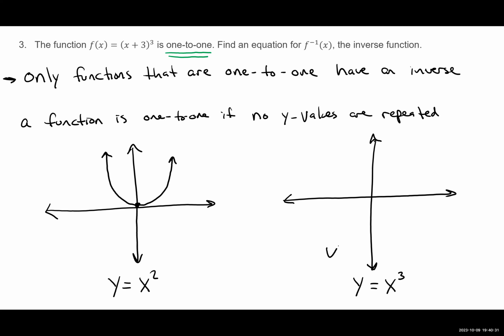And x cubed looks like a parabola where the left half is reflected down and the right half is up.